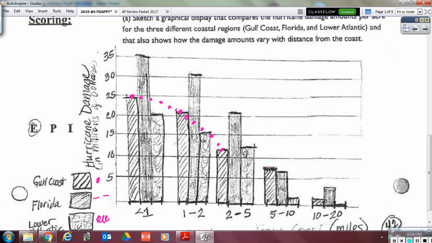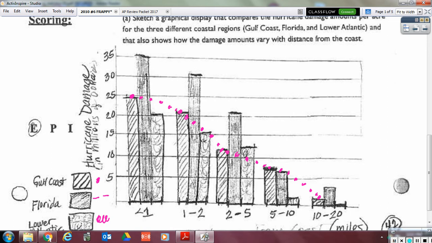I think doing the lines is probably going to take a little less time than drawing the bars, by the way, because this took a lot of time. Then you would draw another line with a different type of texture for a different group. Hint: if you want straight lines, I use the lid of my calculator to make straight lines. So that's something you have available to you.